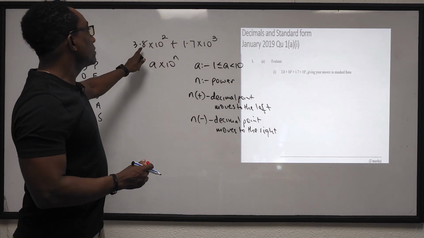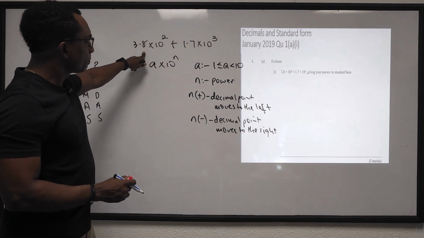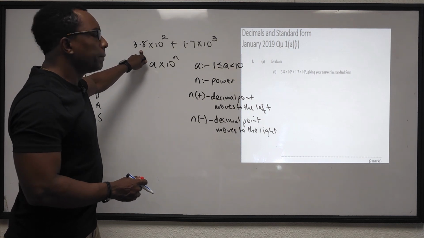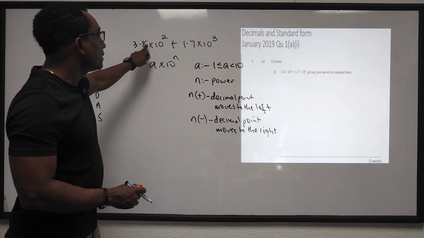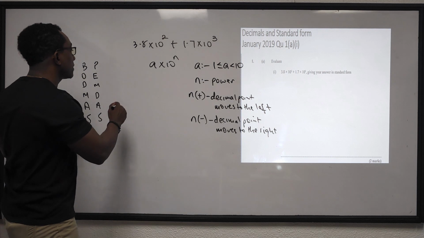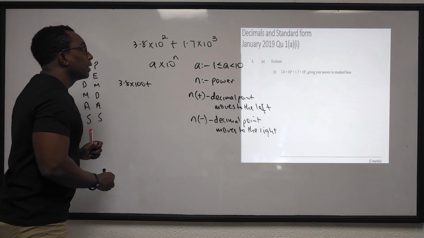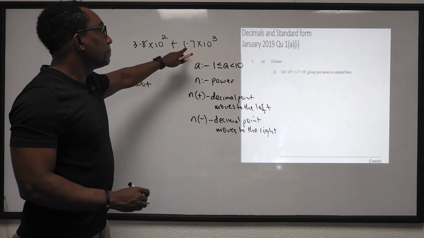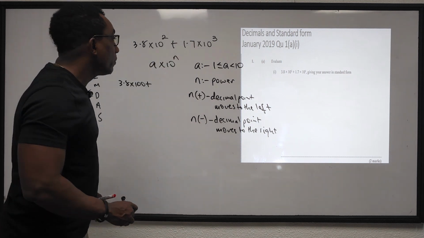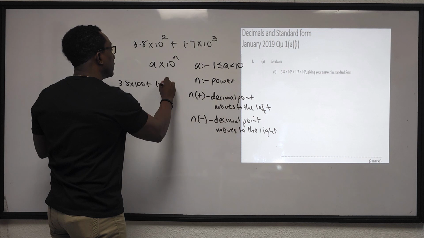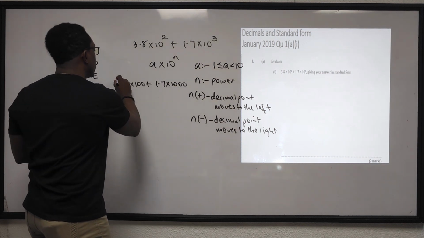So the trick with this here, we can simply multiply 3.8 by 10 to the power of 2, which is the same as 3.8 by 100, plus we can multiply 1.7 by 10 to the power of 3, which is 1.7 by 1000.